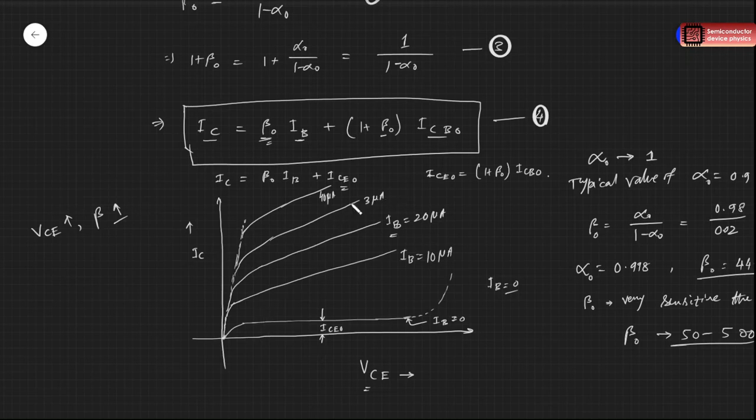So that's why the curve is like this, and if you extrapolate this curve into the negative x-axis, then you will see that all the curves meet at a particular point.